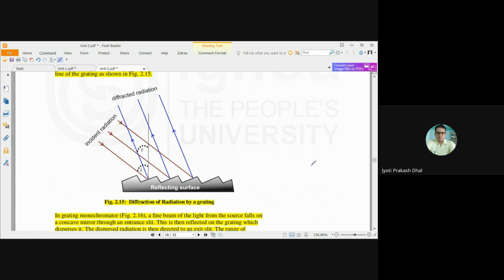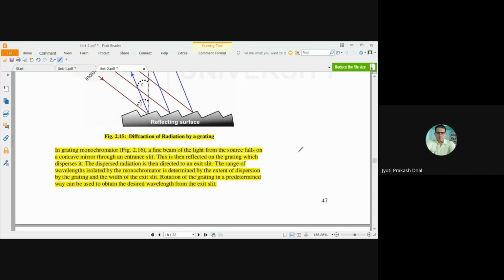If it is transmitted, then the next wavelength is allowed to pass through the sample. Gradually, wavelengths from 200 nanometer to 2200 nanometer will pass through the sample, and we observe which wavelength of light the sample absorbs.